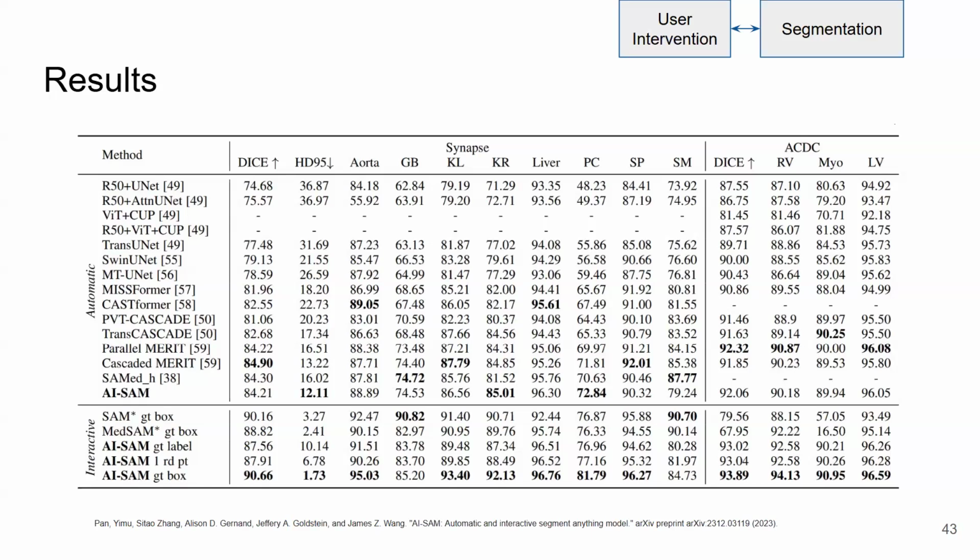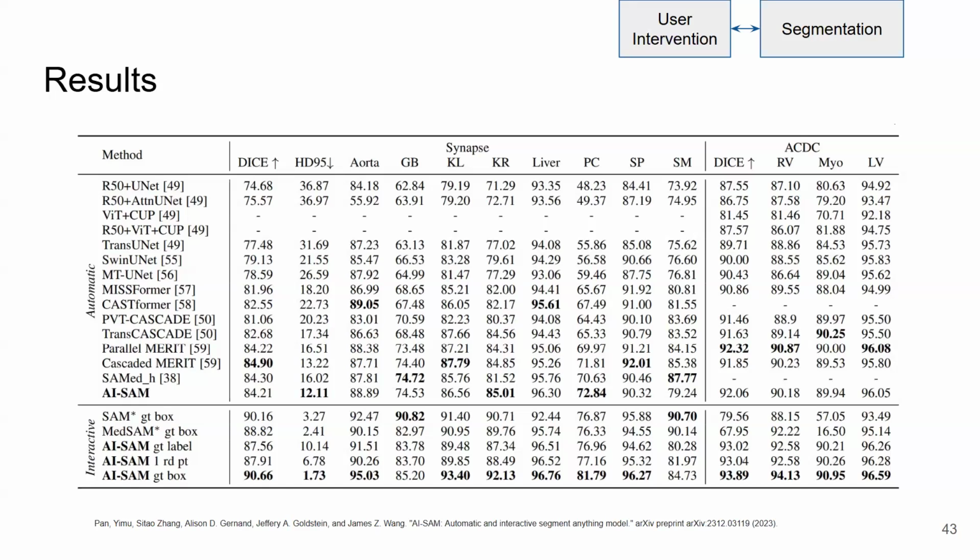For example, if you look at the fourth row in the interactive section, at the ACDC performance, the Dice performance for some of the classes, for example MYO, is very low, because that class gets confused with RV quite often. And even if you adapt it using an interactive method, for example like MedSAM, because MedSAM uses only bounding boxes instead of points, there are some issues with bounding boxes.